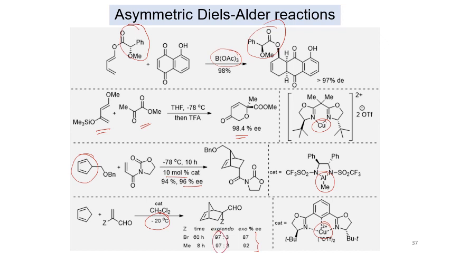You have 97% selectivity for the exo, depending on what group has been used for this particular transformation. The enantiomeric excess is very high. Very appreciable enantiomeric excess has been obtained with this particular ligand.